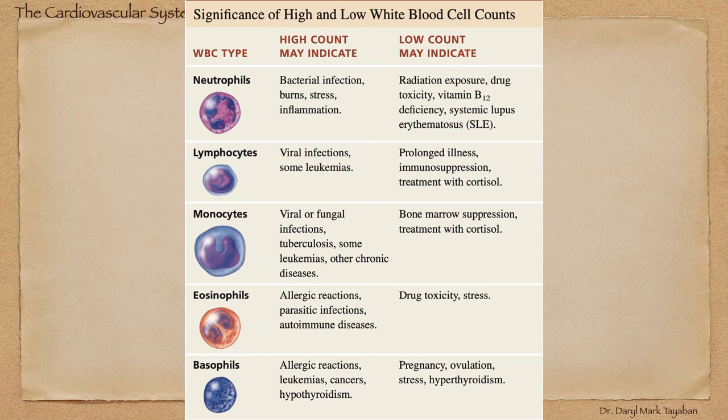So for letter N, neutrophils, it's bacterial. For lymphocytes, it's viral. And for low counts, usually there is a prolonged illness, if the patient is immunosuppressed, or under treatment with cortisol or steroid-based products. So usually the lymphocytes will go down.